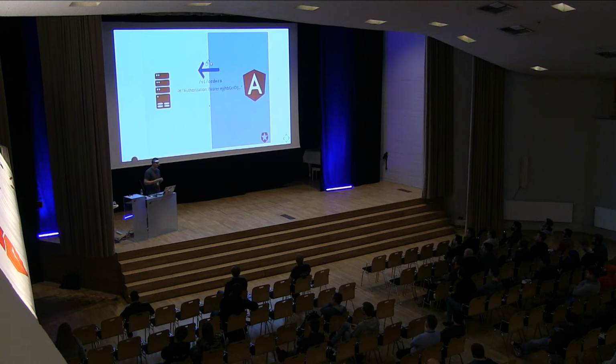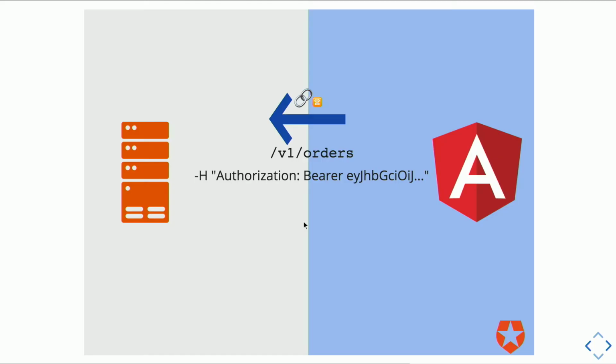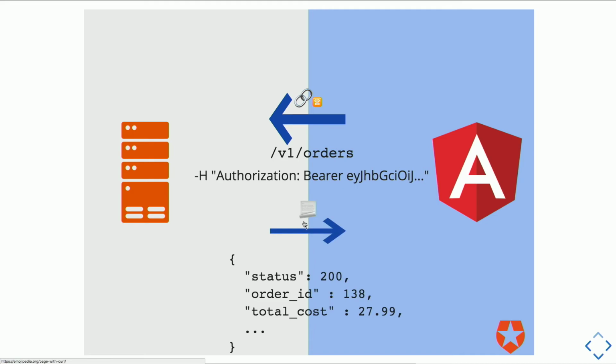It's going to validate that the token is correct, that it was signed by our application, and if it was, it's going to look at the claims that were made in the token and see if the user has the permission to get the list of orders. If it does, it's going to send back the list of orders. Here I just have one order number ID. But the important thing is our server validated it, our Angular application had the token, and our application works.